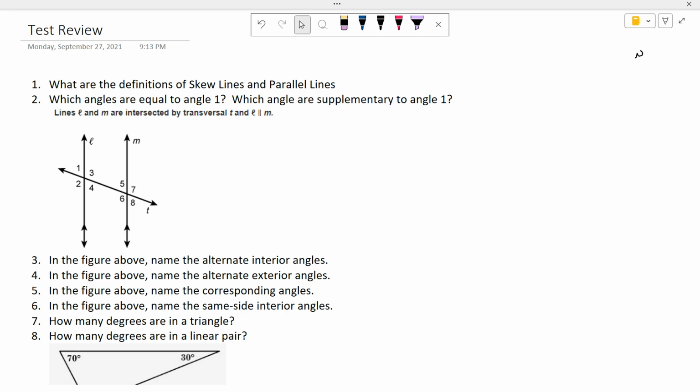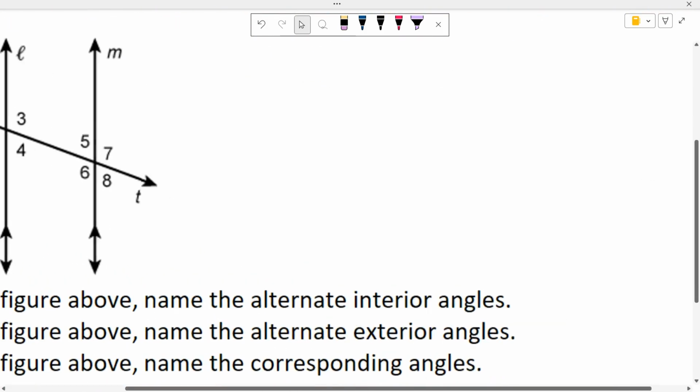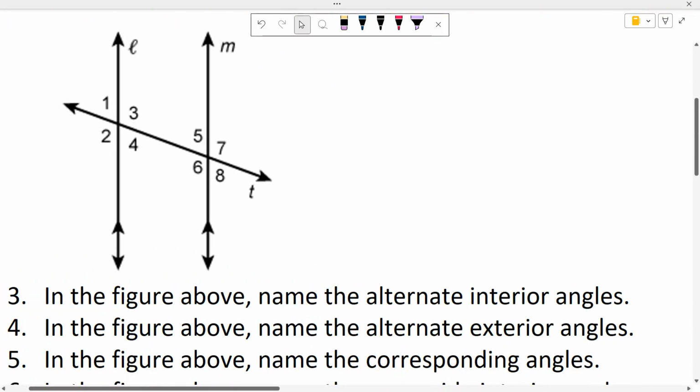All right. There's 2 pairs of alternate interior angles up there. What's one pair of alternate interior angles, Cannon? One pair of alternate interior angles: 5 and 4. What's the other pair, James?